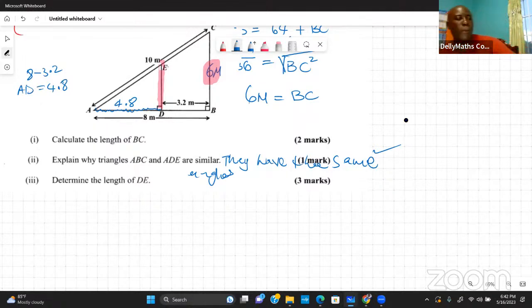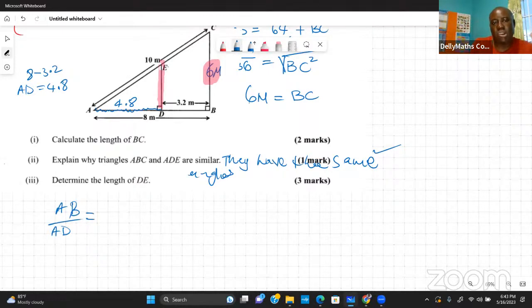A to D, 4.8. Now, when you're going to manipulate a similar triangle or an enlargement to find a side, when you don't have certain stuff, you're going to form relationships like this. Let's say we're putting the bigger one on top. Before I go 8, let me write the idea. AB divided by AD would give us what we call the scale factor.